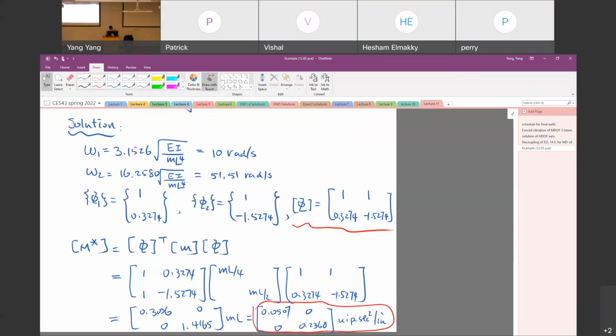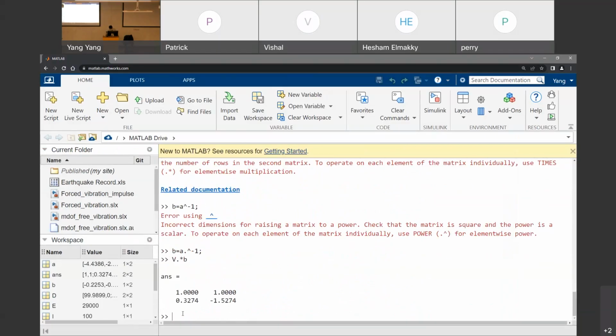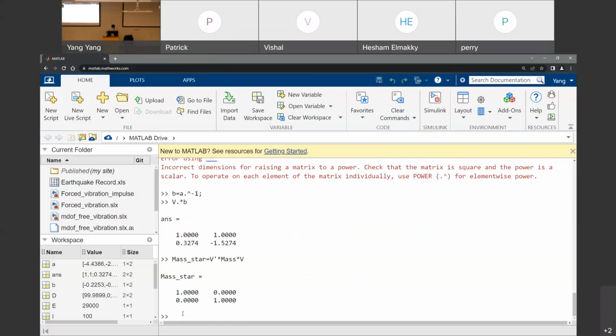Alternatively, you can use MATLAB, because I have already calculated the V. So M star is equal to V, the mode shape matrix, transpose, times the mass itself, times V. Why are both of them equal to 0?